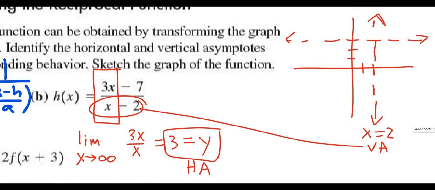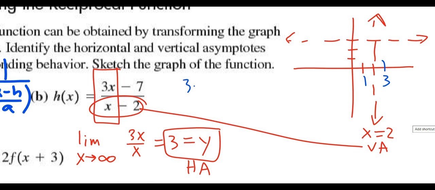Okay. I suggest you plug in a 3 and a 1. Those aren't magical numbers, folks. I'm just going 1 unit on either side of that vertical asymptote. If you like other numbers, like you want to plug in 0 on the left, that's fine. There's nothing wrong with that. Pick what you want.